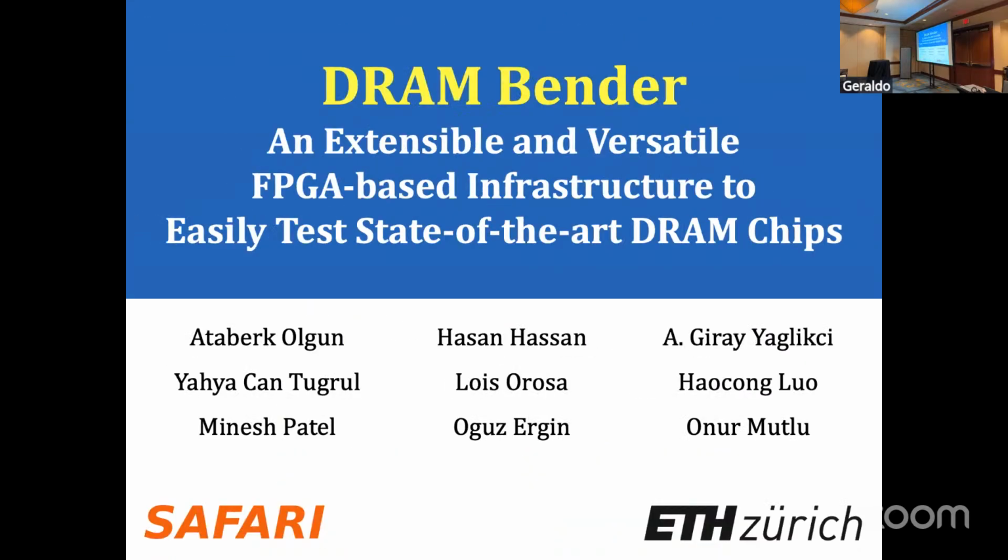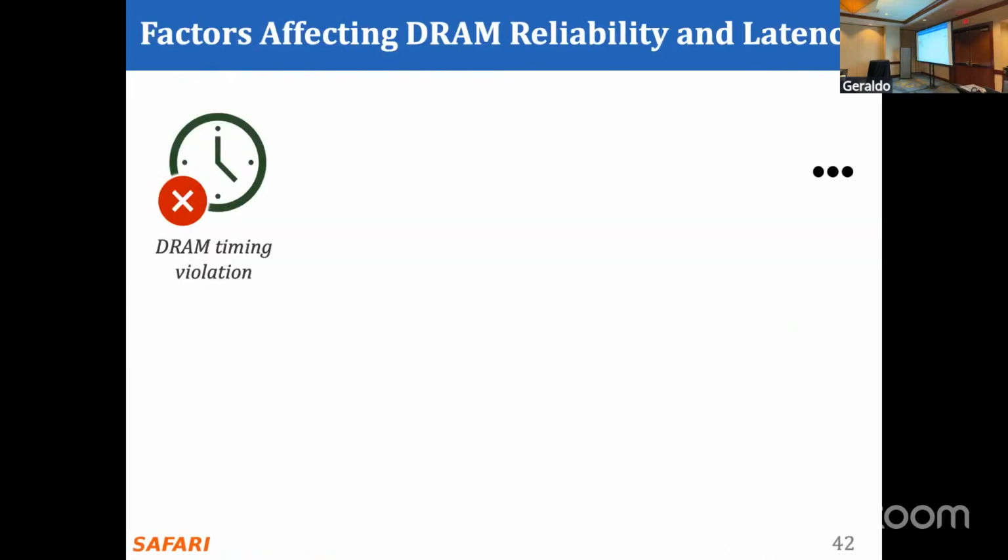The next infrastructure I want to talk about is DRAM Bender, which is used not just for processing-using-memory research, but many other works that we do and other people do, but we will get to that. This is an extensible and versatile FPGA-based infrastructure to easily test state-of-the-art DRAM chips. There are many factors that affect DRAM reliability and latency, and maybe performance, energy efficiency, and so on.